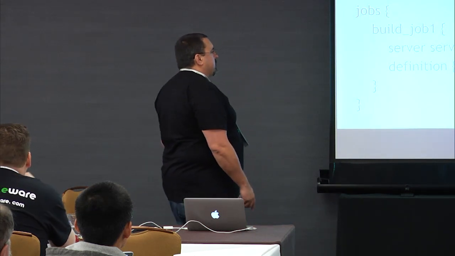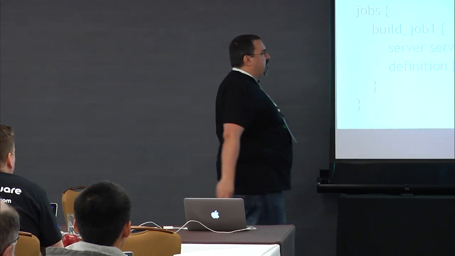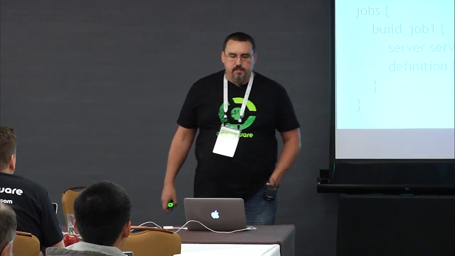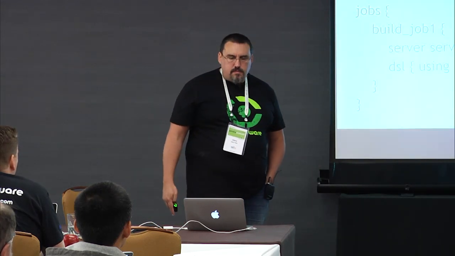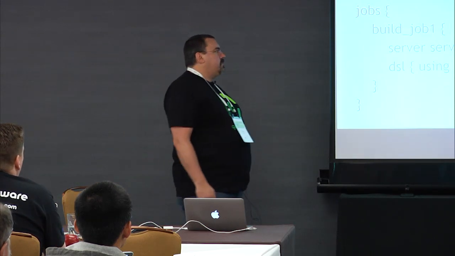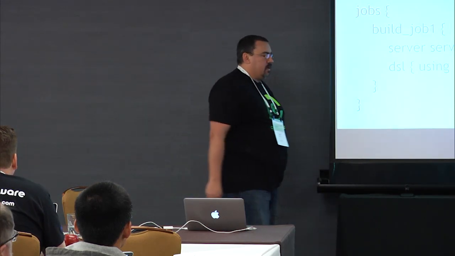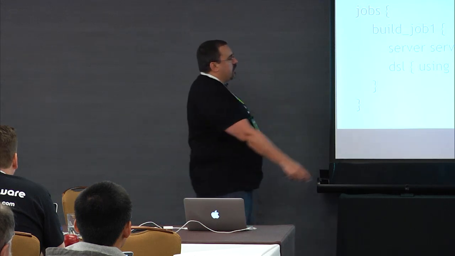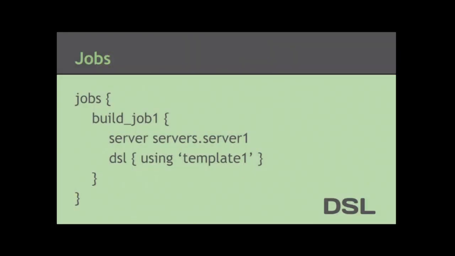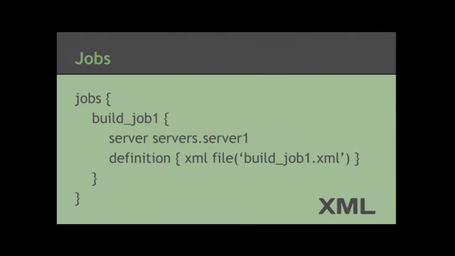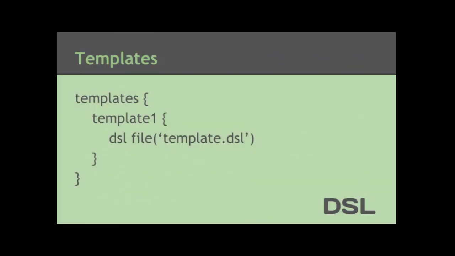And then this is also using the file form to load the XML from the local file system. This is DSL form, and I'm introducing one additional thing here. This using template1 is typical Jenkins Job DSL for using a template, and this is actually going to use template1 that I defined before.